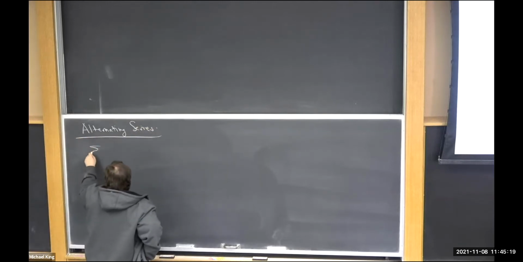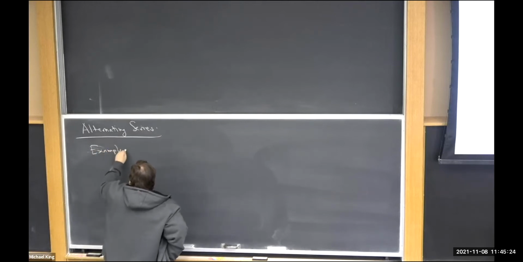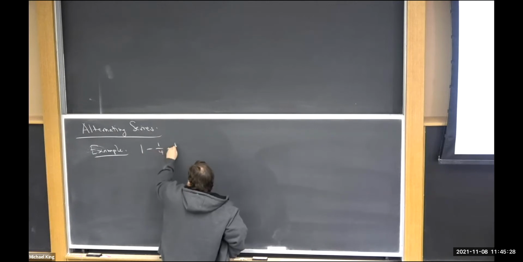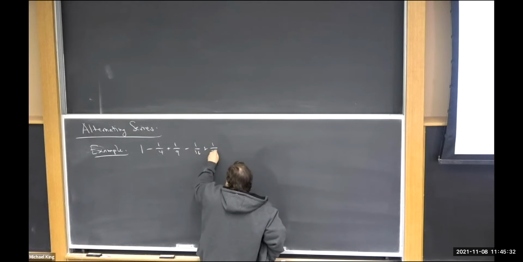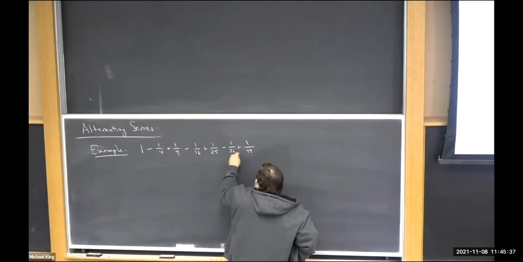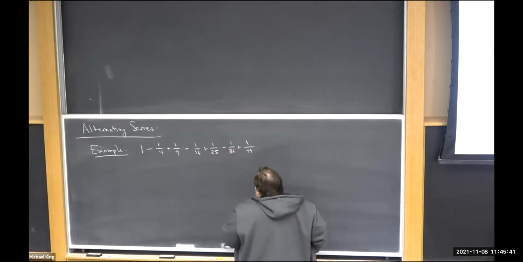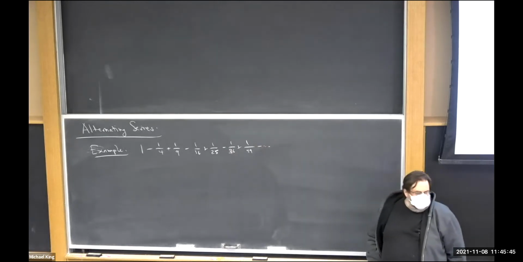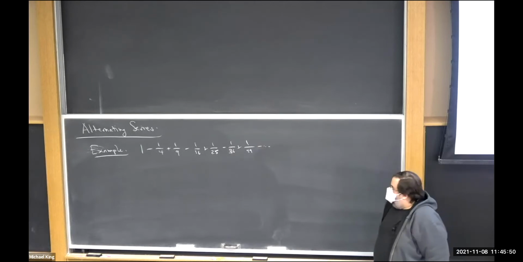So what if I started with something like the following: 1 minus a quarter plus a ninth minus a 16th plus a 25th minus a 36th plus a 49th, and so on, right? You sort of see what I'm doing there. What am I doing? 1 over what? 1 over squares, right?